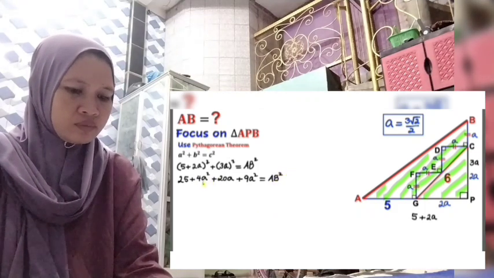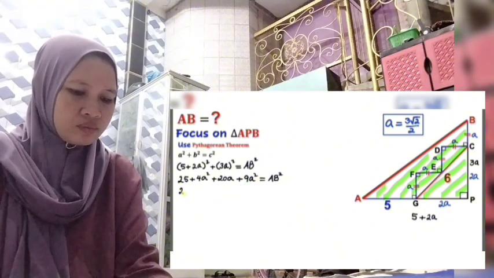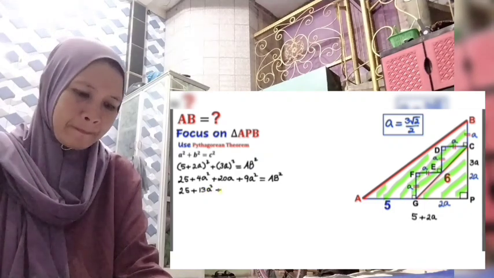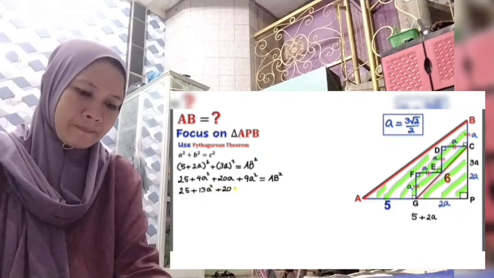And now we are going to combine these like terms. So therefore we can write 25 plus 13 times a square plus 20 times a equal to AB square.